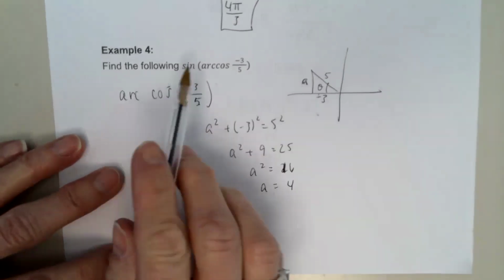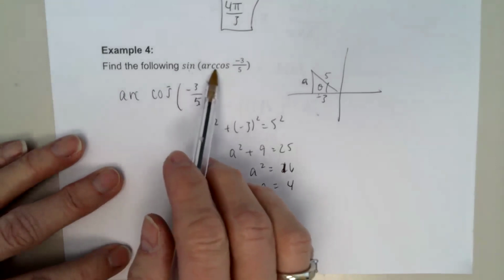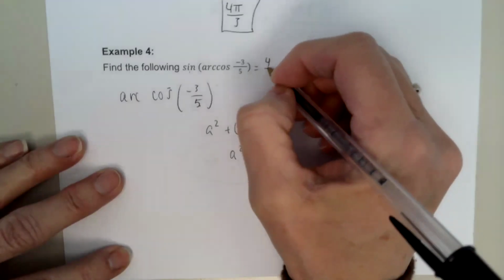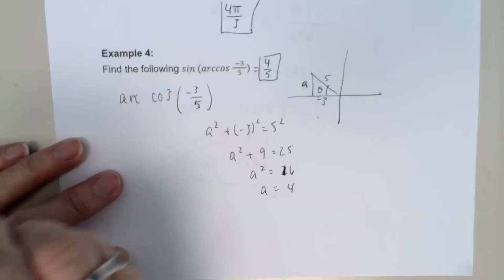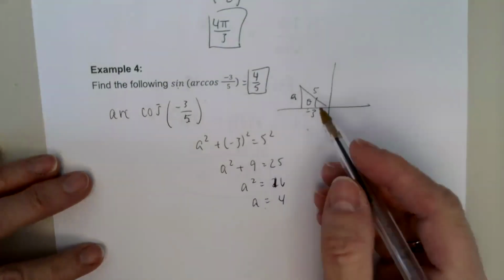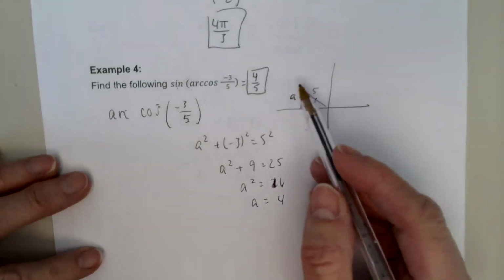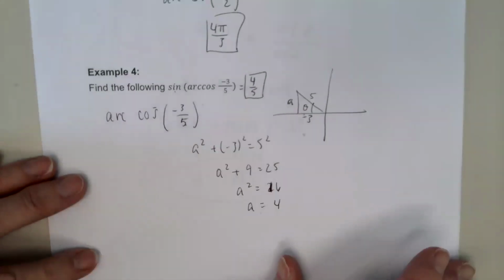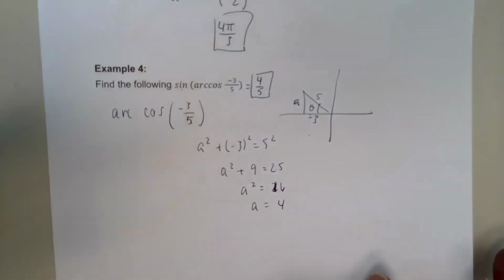And so that means the sine of the arc cosine of negative 3 over 5 is equal to 4 over 5. So in this case, I didn't actually need to find the angle per se. I just needed to find the sides of that triangle in that quadrant so that I could find the sine of that.